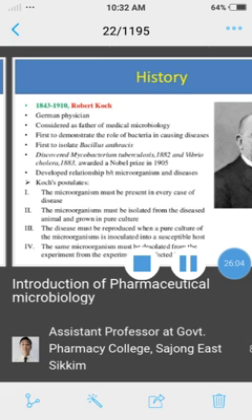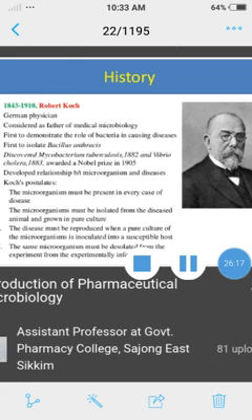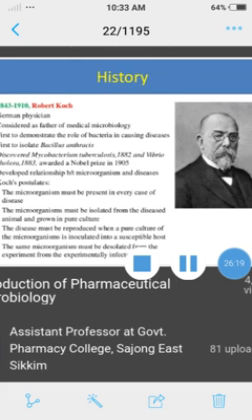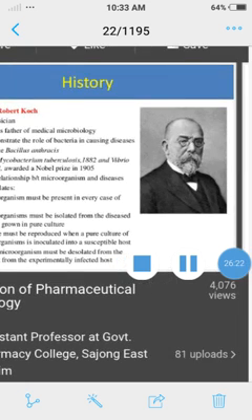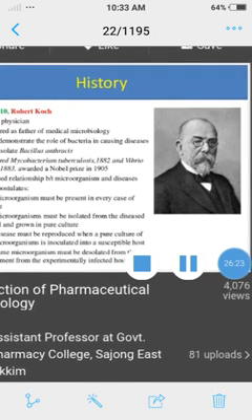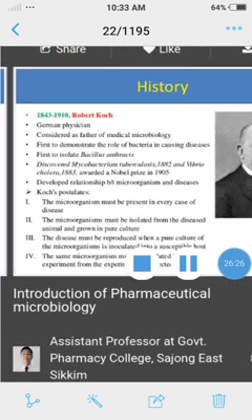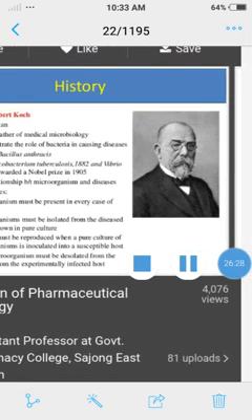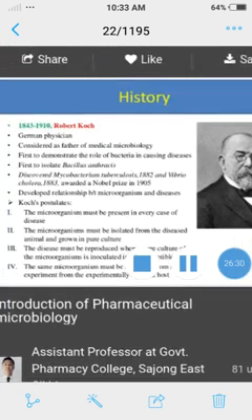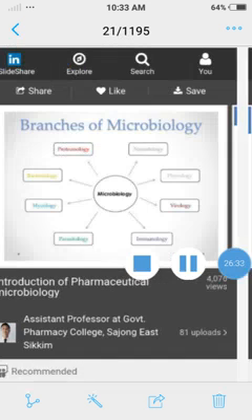Third, the disease must be reproduced when the pure culture of microorganism is inoculated into a susceptible host. Last, the same microorganism must be isolated from the experimentally infected host. These are the postulates of Robert Koch.